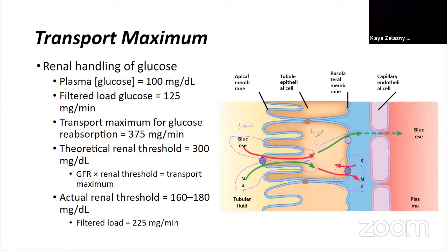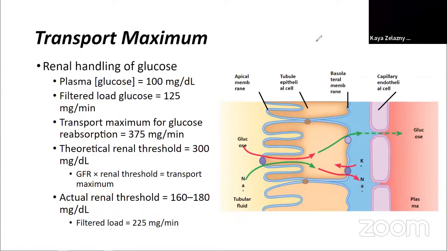It's high inside this epithelial cell, which is why we need to actively transport it, right? Active transport means we're moving against its gradient. But then it's low over here in the plasma, so we can just move passively down the gradient once we're into this cell. So that's physically what the glucose is doing.